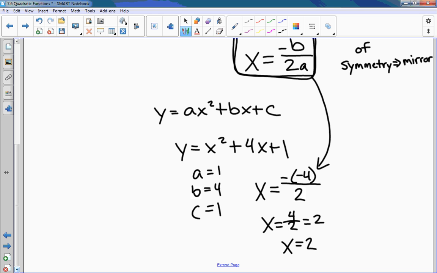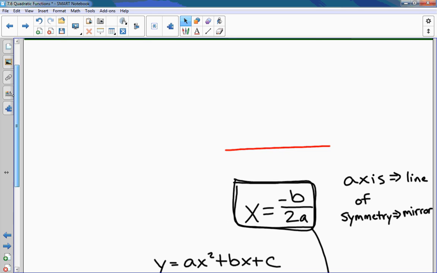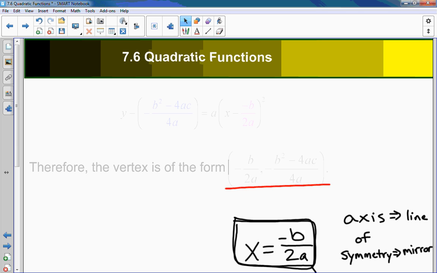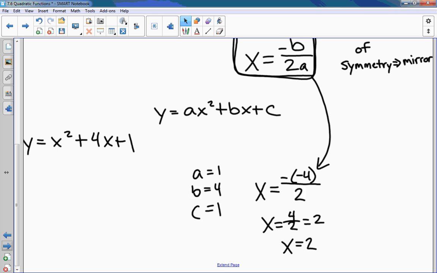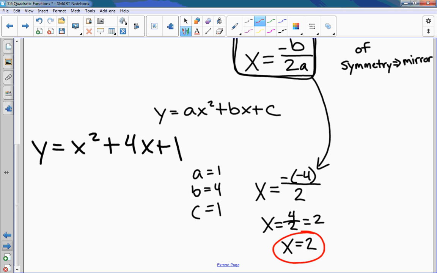Now, instead of memorizing all of this stuff like the book wants you to, I'm going to give you a shortcut because I'm nice. When we have this problem, y equals x squared plus 4x plus 1, we've already solved for the axis of symmetry, x equals 2. That's a vertical line at x equals 2. But we're trying to find the vertex, the point.